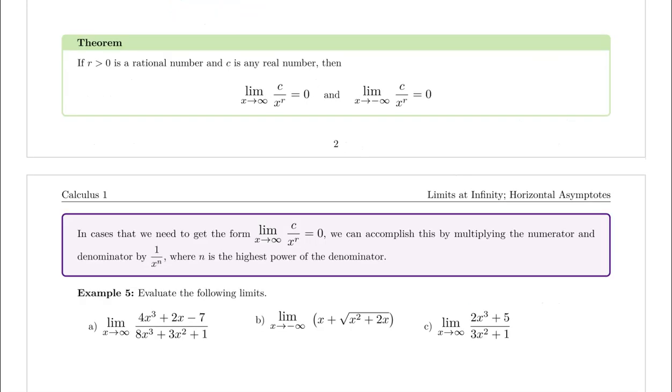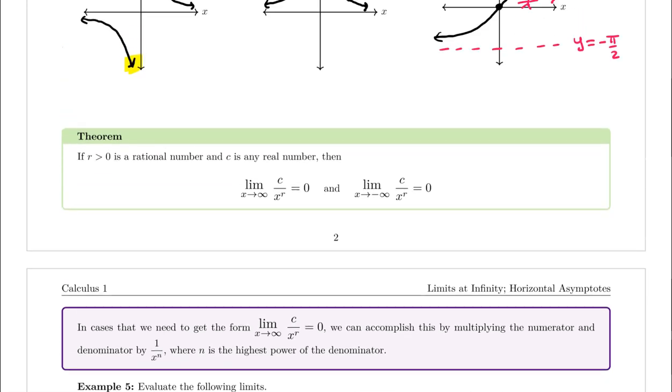This next theorem says if r is some positive rational number and c is any real number, then the limit as x approaches infinity of c over x to the r power is equal to 0. And similarly, the limit as x approaches negative infinity of c over x to the r power is also equal to 0. And we actually saw some cases of this.